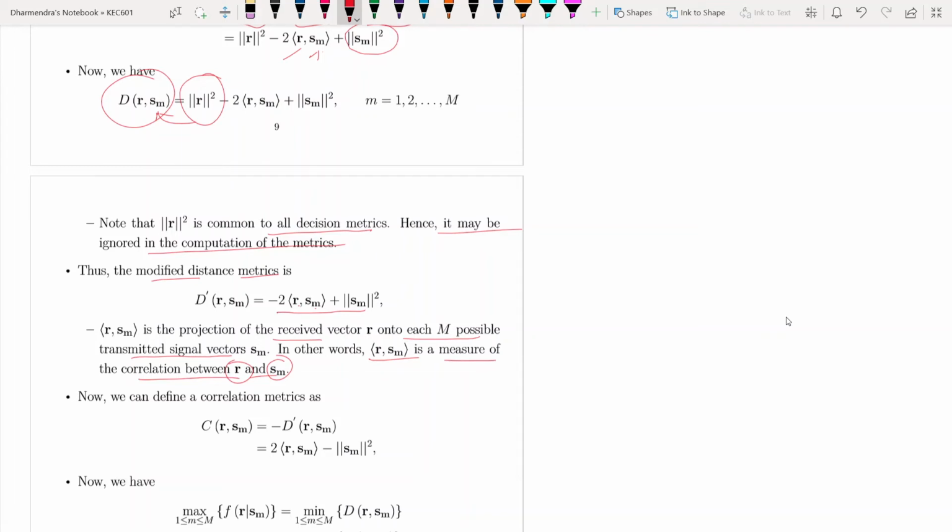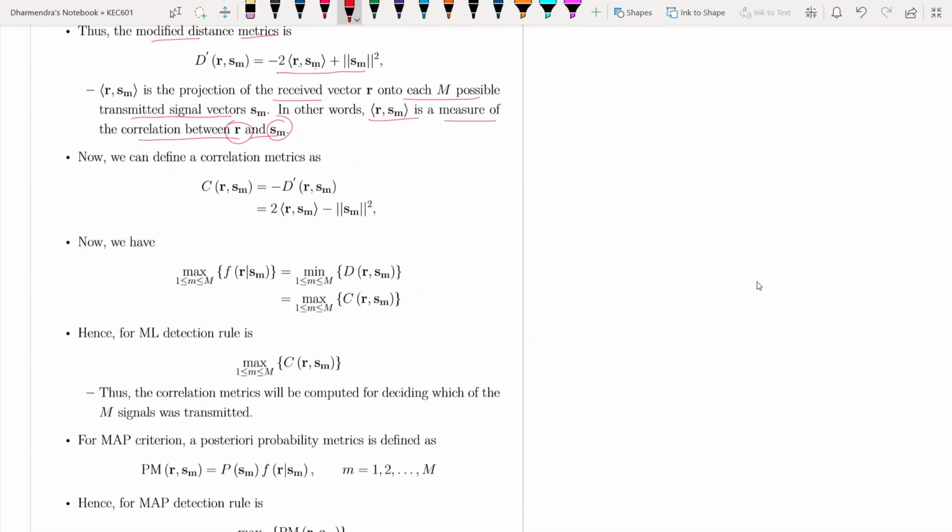We can define correlation in terms of the inner product of the signals also. So now we can define a new decision metric called the correlation metric. This is minus the modified distance metric, which can be written like this.